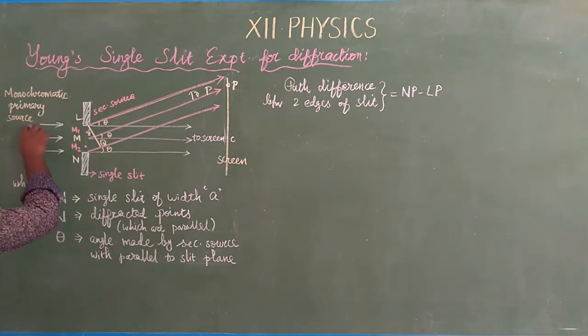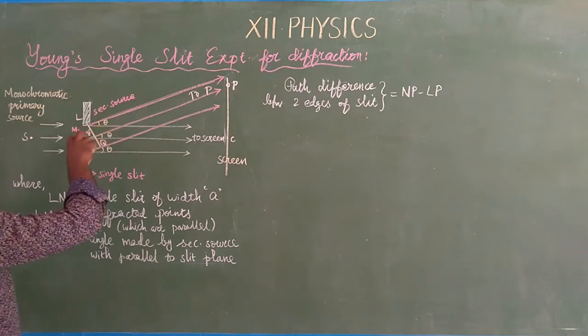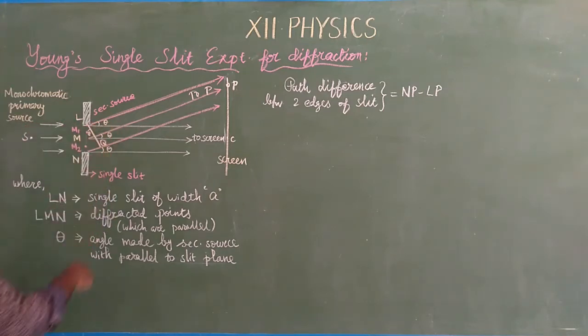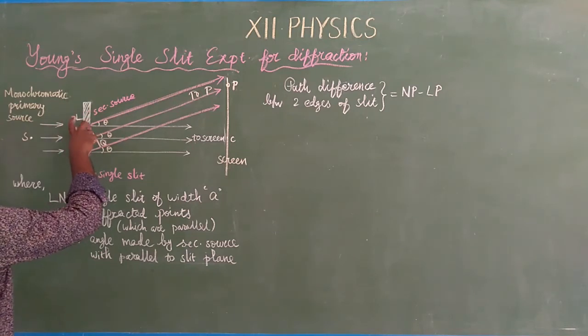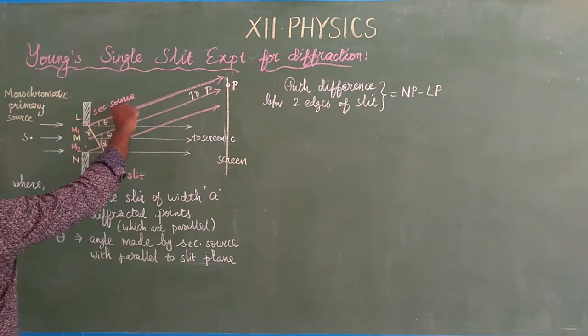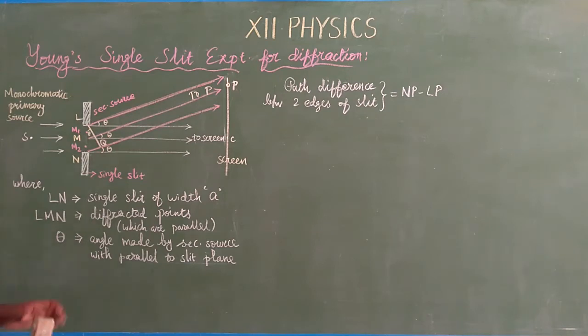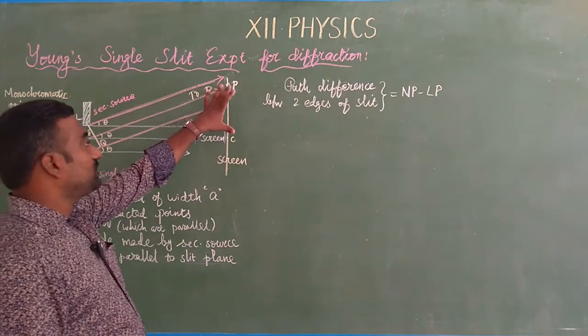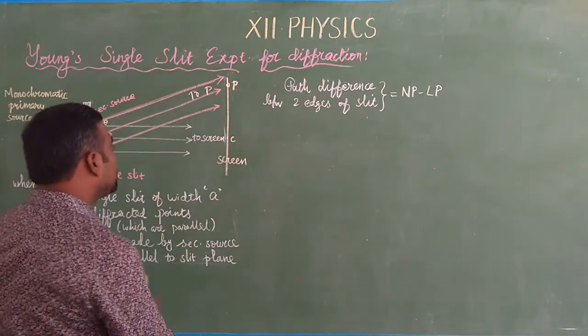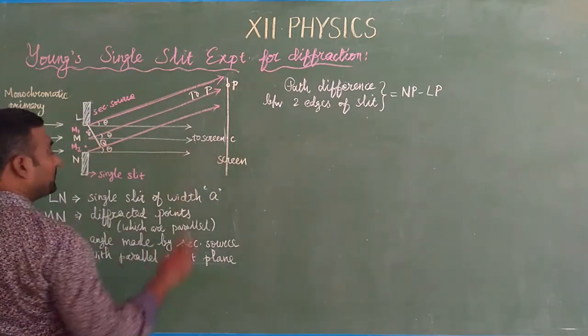From the monochromatic primary source, parallel waves are emanated, and these parallel waves strike the obstacle with a single slit. Then the secondary waves originate, and the diffraction phenomena are made on the screen. The screen is located far away from the slit.